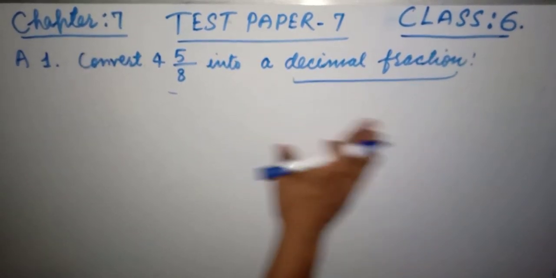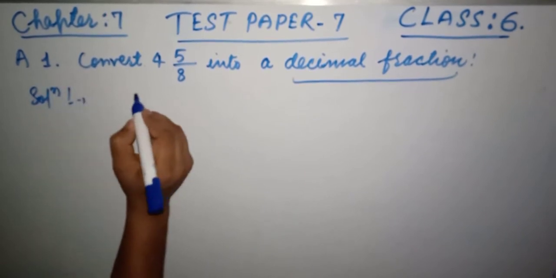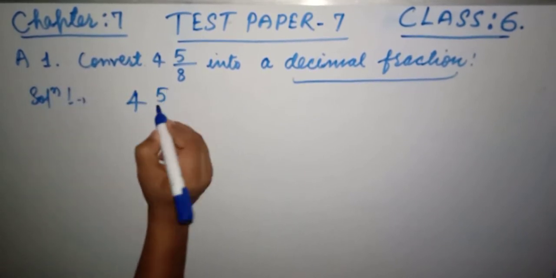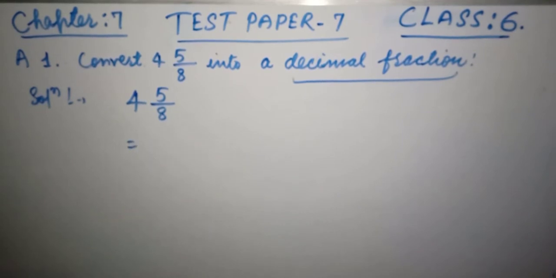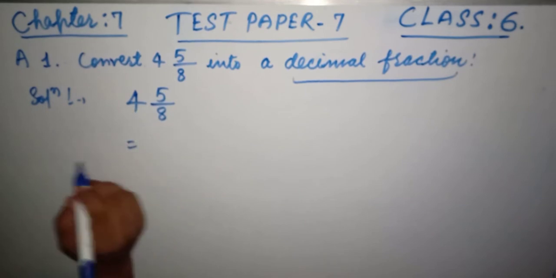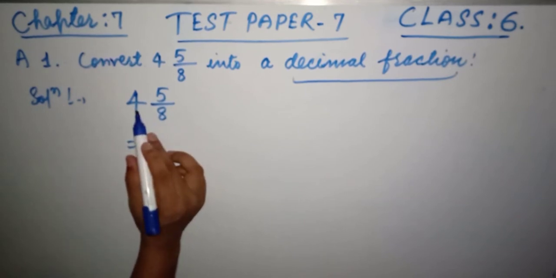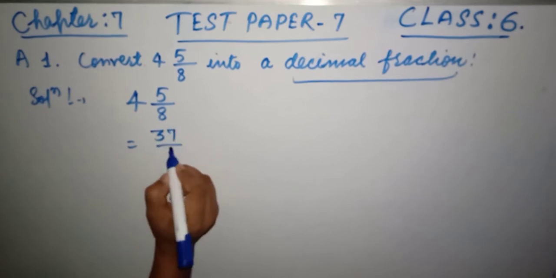Now see friends, the question. Come to the point. First write the question as it is. Now first change it into an improper fraction. So multiply 8 by 4, 8 4s are 32, plus 5 is 37. 37 divided by 8, friends.